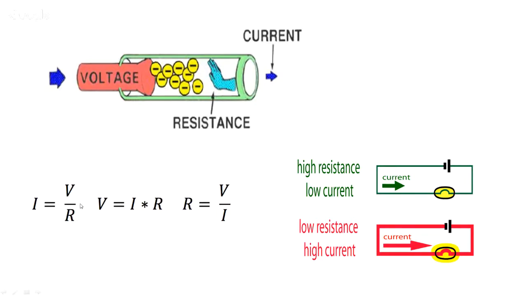If the resistance increases, then the current decreases. Or if the resistance decreases, then the current increases. So we can see that it is an inverse proportion.